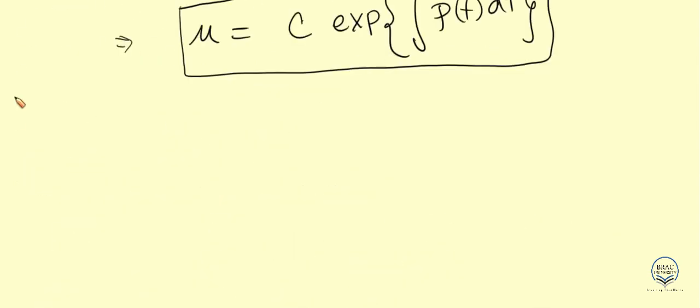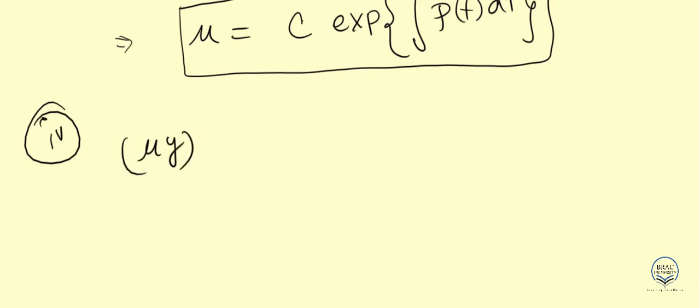So we are done finding mu, and this is time for step 4. Since the left hand side of equation 1 was equal to mu y prime, we can write the whole thing as mu y prime equals mu q.